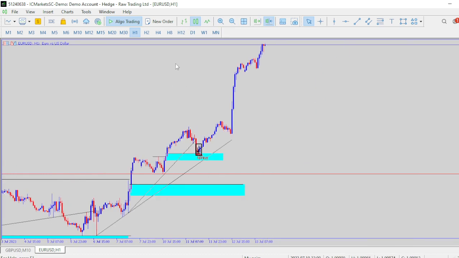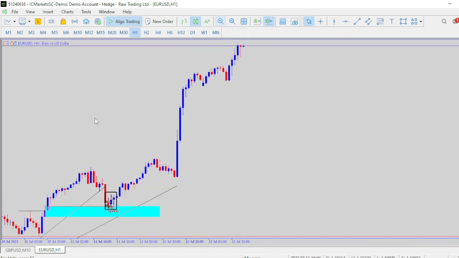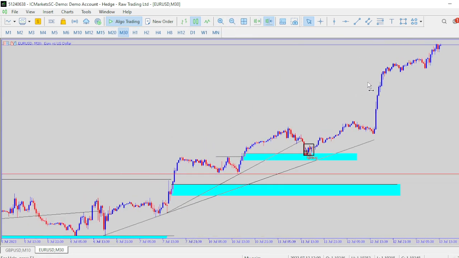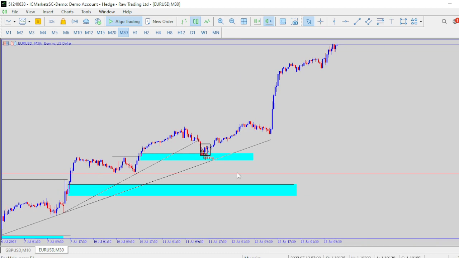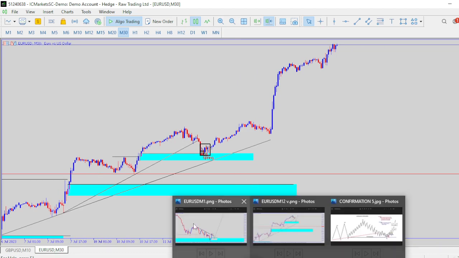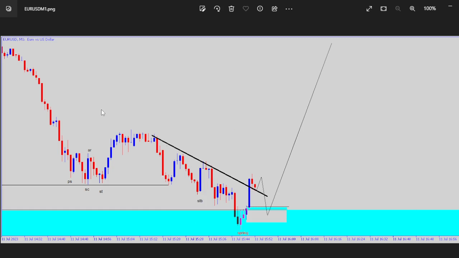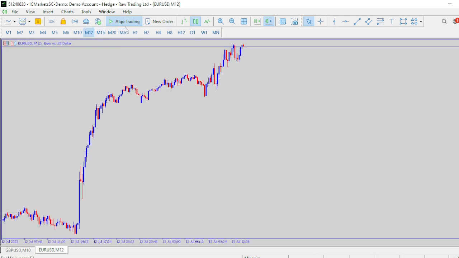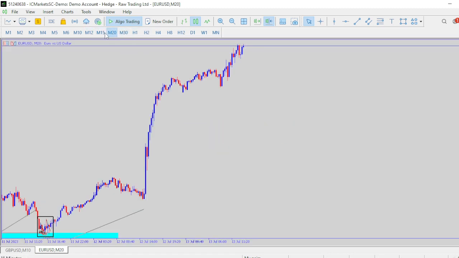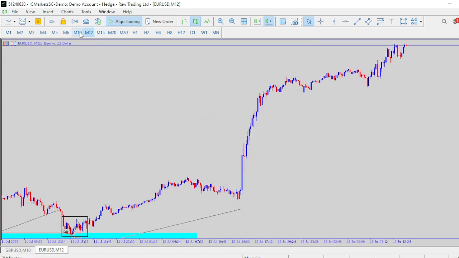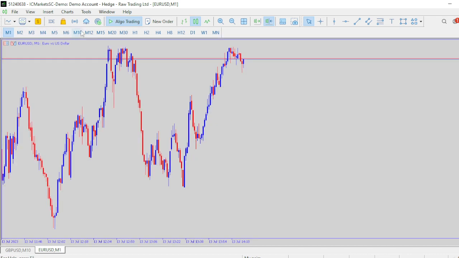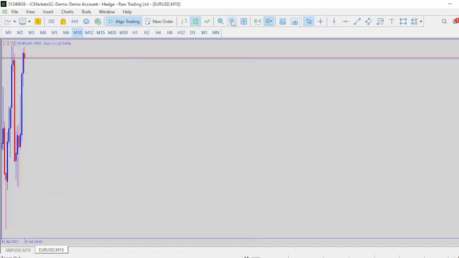You see, after that reaccumulation, you have this M30. I know I'm bullish. Yes, this is my 1 minute accumulation, see, during London. So let's go to M5.